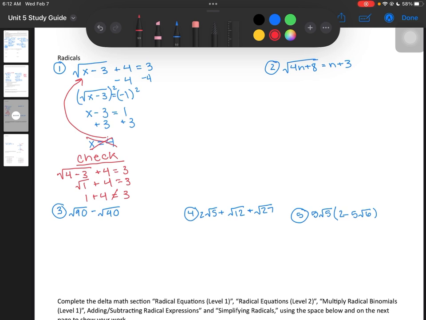So instead of just leaving it blank, we would say that this is no solution. We actually call that 4 an extraneous solution, which means it's a solution that looks like it works, but when we plug it back in, it's not actually in the domain of the original function.